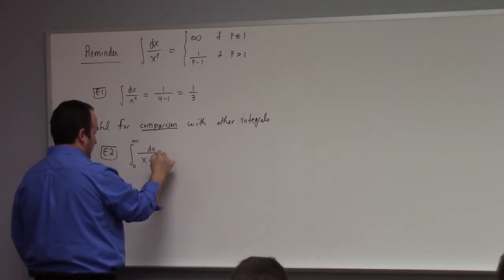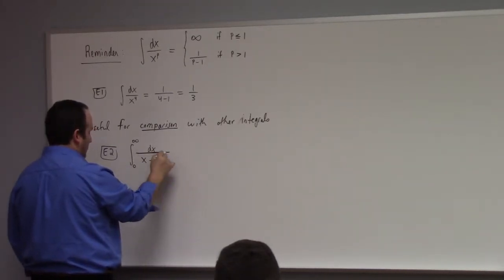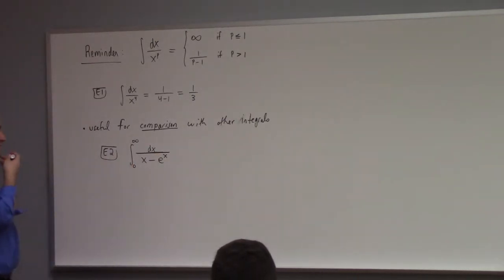That's a little bit too much. Let's see here. I was worried there's division by 0 at 0, but that's not a problem, actually.